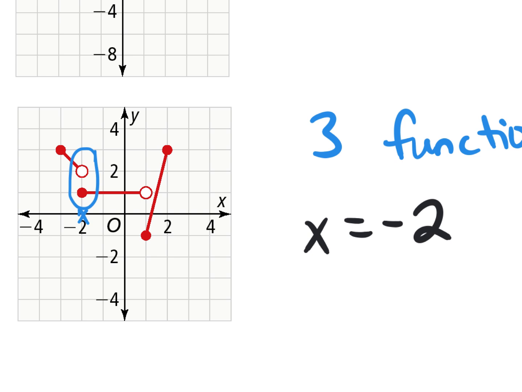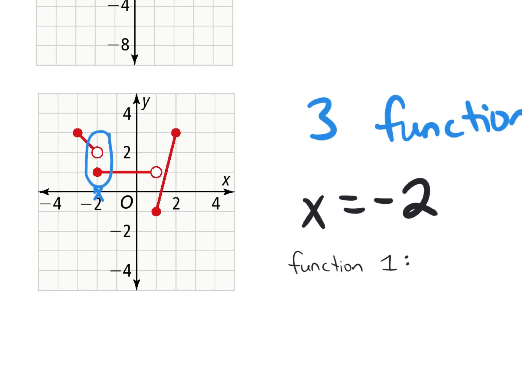So for the open, do you agree this is like function 1, this line? Go ahead and write this down. For function 1, at x equals -2, is it equal to or not equal to? With this open circle, it's not equal to. What about function 2?